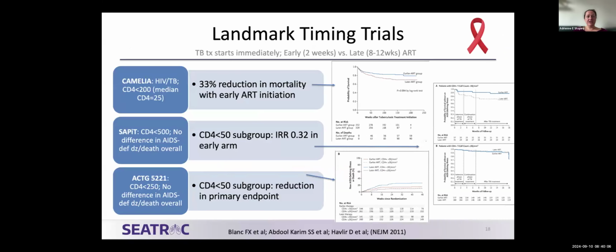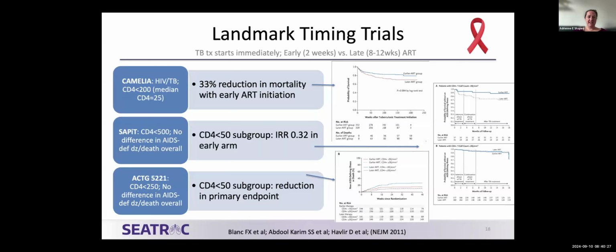So there were 3 major studies in the late 2010s or early 2010s that investigated this question of when to start antiretroviral therapy in people with HIV and TB. So everyone started TB treatment immediately, and then people were randomized to either starting ART early within 2 weeks or late within 8 weeks.